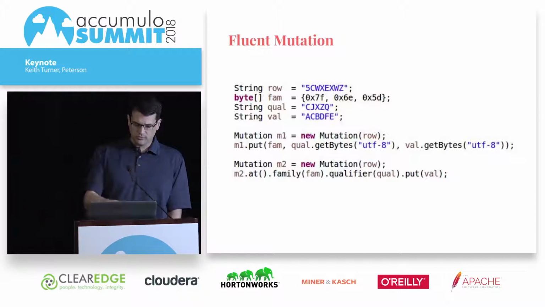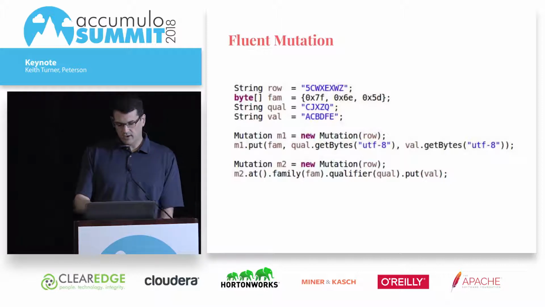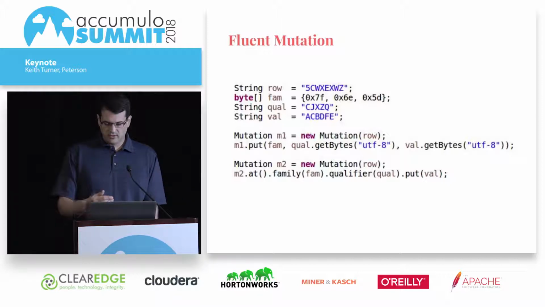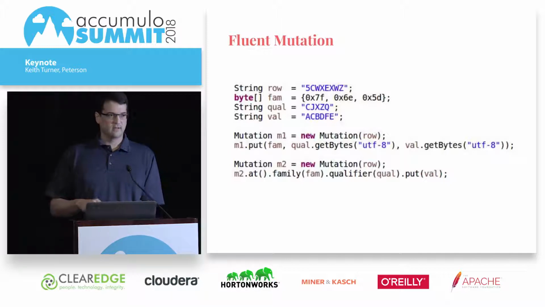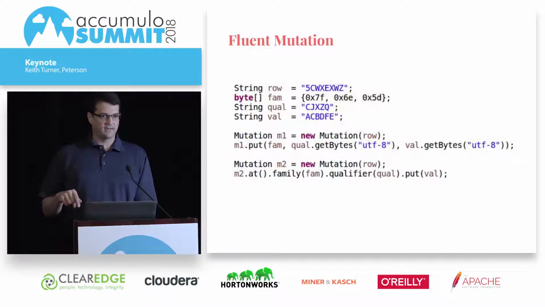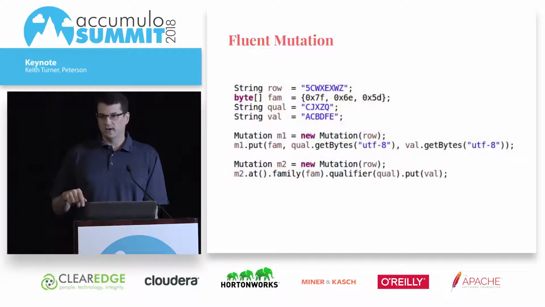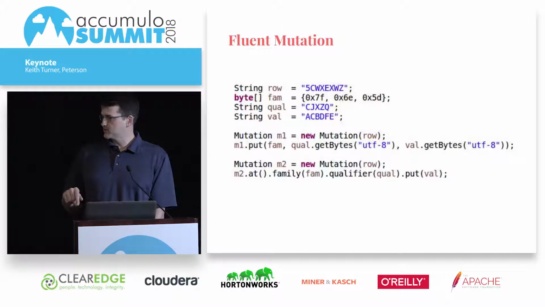So what's new, with these M1 and M2, you're constructing a mutation with the same data. M2 is using a new API, which is this at method. So it's a fluent API where you can add a column value and you can mix types.